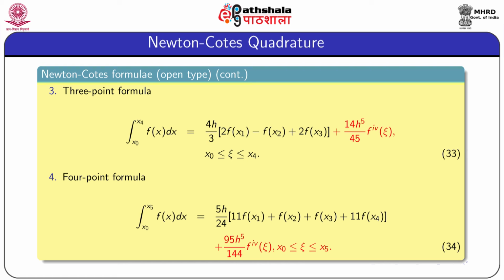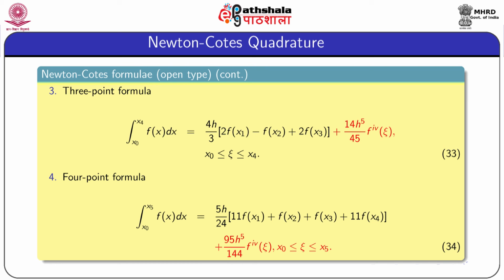And this is the 4-point open formula, and this formula gives the exact result for the integrand f(x), which is a polynomial of degree up to 3, because the error term involves the 4th derivative.